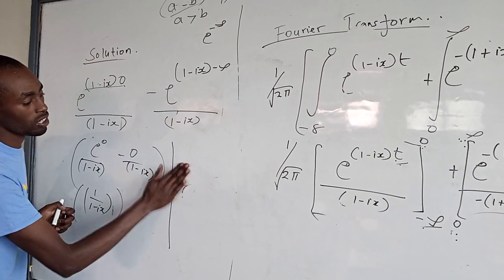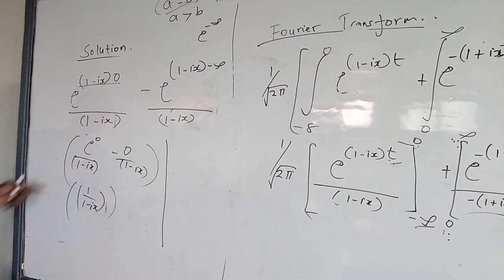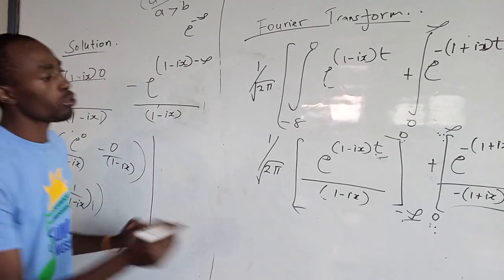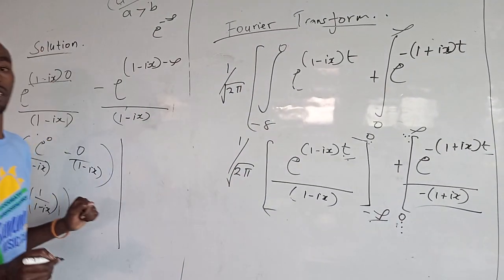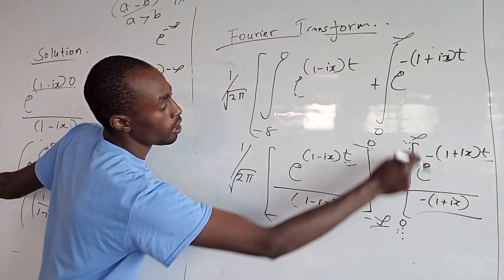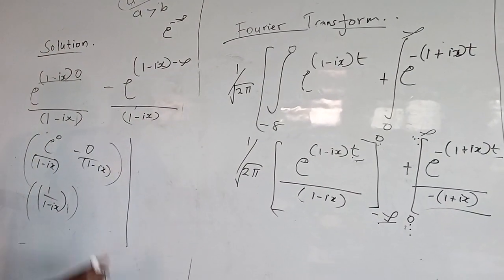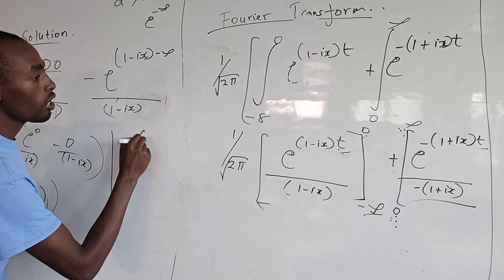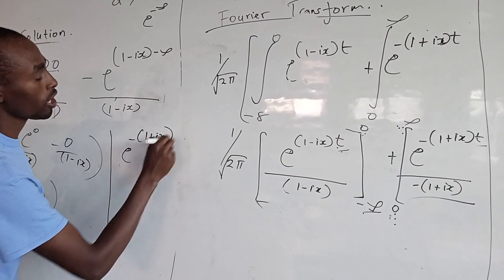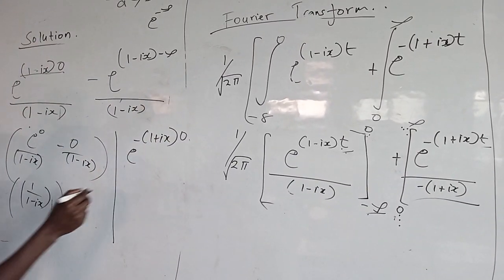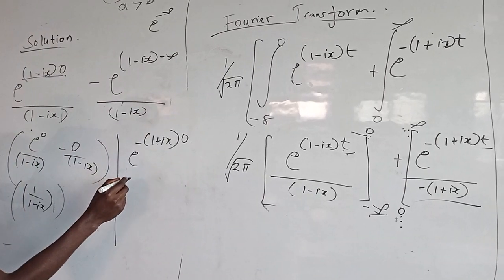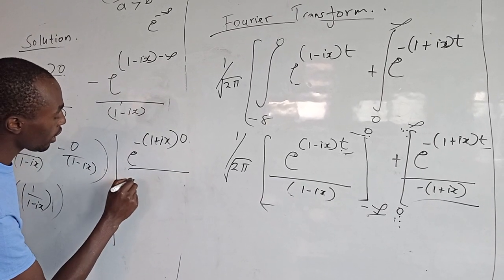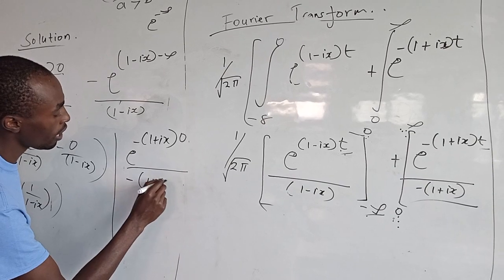Because 0 has no effect on our final solution, we go to the next value in our range between 0 and infinity. That is 0, and our limit will be e to the negative 1 plus ix, raised to 0, all over negative 1 plus ix.